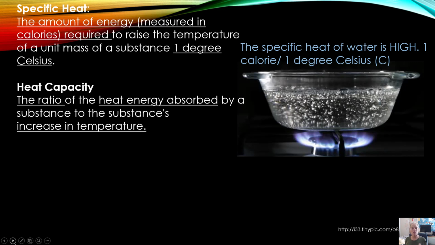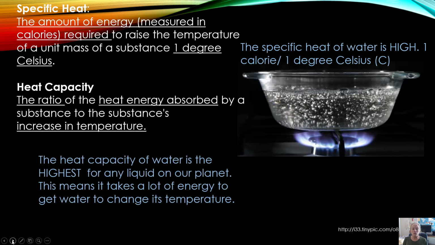Now it's very similar to the heat capacity, which is how much heat energy has to be absorbed to change a substance's temperature. And again, with water, it's unusually high. This is good because, for example, we're living creatures, we're mostly water. It takes a lot of energy to change the temperature of water.